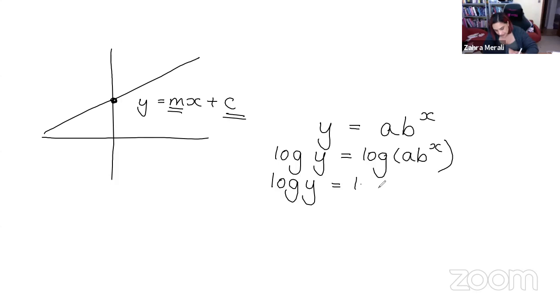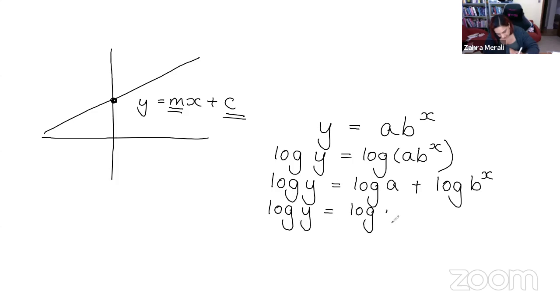Now this is the same as log a + log b^x. The fact I haven't put a base means the base is the same. So log y = log a + x log b, where the x can come in front. If you notice, this now looks like y = mx + c, where my c is log a.